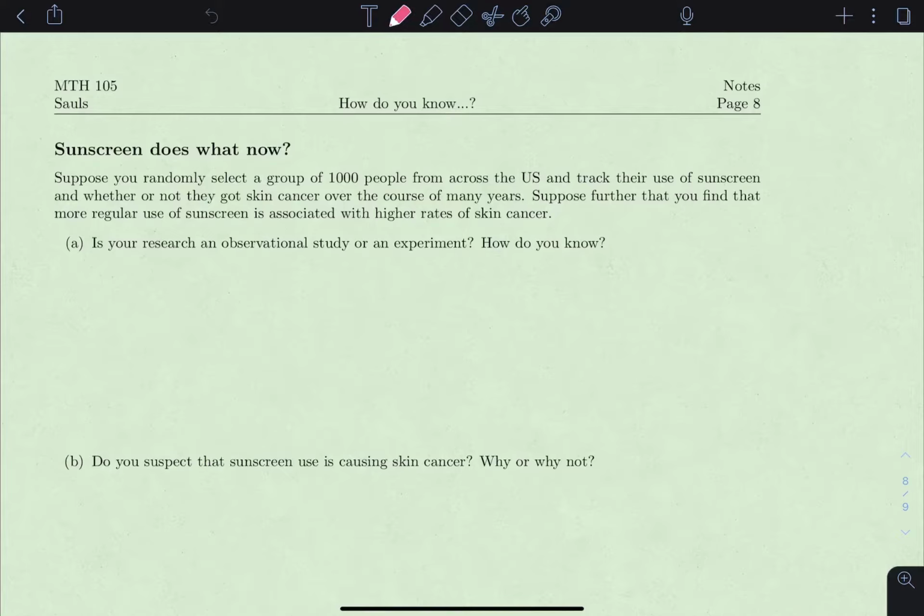So is our research an observational study or an experiment? It's an observational study because we didn't impose any treatments.